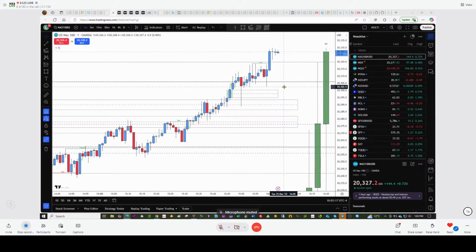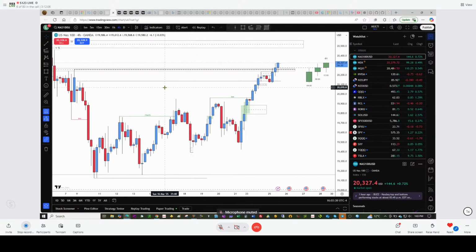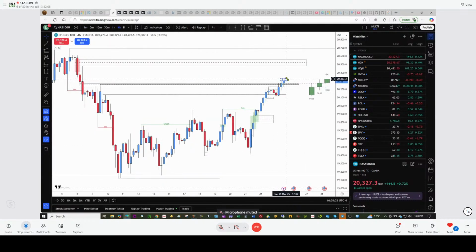What's our time? 1:03. So right at the close, they pushed it up a little bit more. So puts us a little closer to this gap. Interesting.